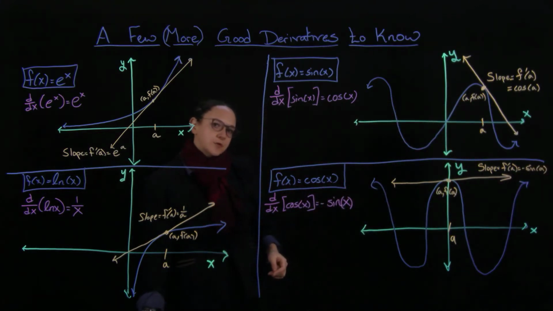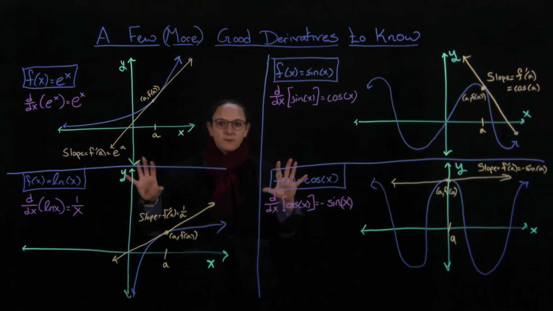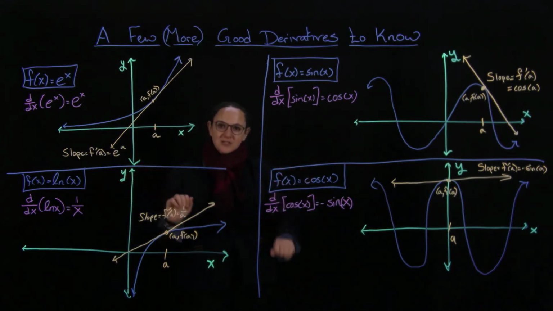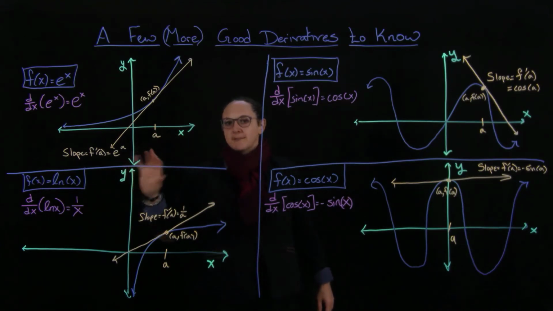So these were just a few derivatives that I wanted to give you that you may or may not have seen before. And also to emphasize visualization of what's going on with these functions and the graphs of these functions. These are four very important functions. These ones certainly, if you're in a business environment, are super important.